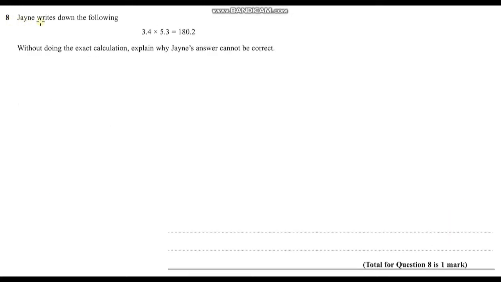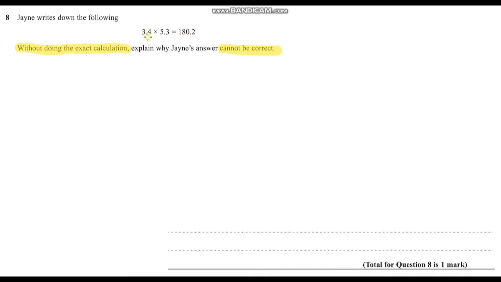Question 8. Jane writes down the following: 3.4 multiplied by 5.3 equals 180.2. Without doing the exact calculation, explain why Jane's answer cannot be correct. So we're told not to do the calculation. We just need to say why this is wrong.